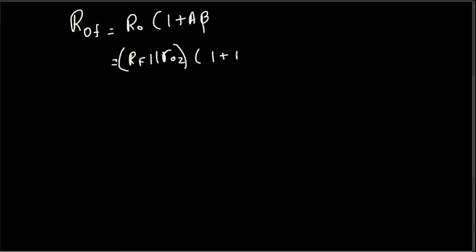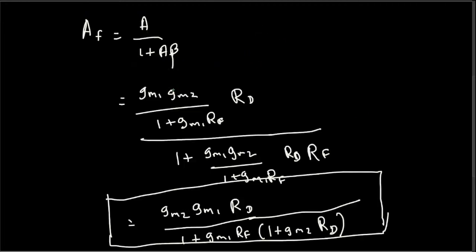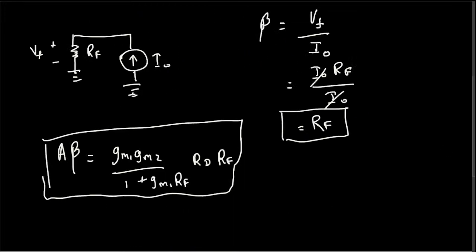And then ROF is nothing but this output resistance multiplied by 1 plus A times beta, and the output resistance expression is nothing but RF parallel RO2. That one multiplies by 1 plus A times beta, and we also have an expression for A times beta, so we can bring that over here as well. A times beta has an expression of gm1 gm2 over 1 plus gm1 RF times RD times RF.